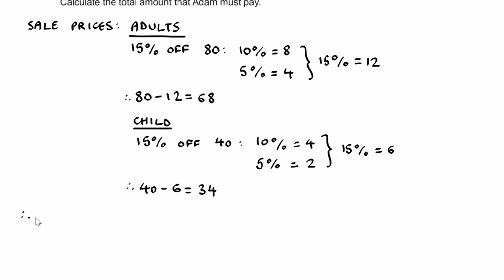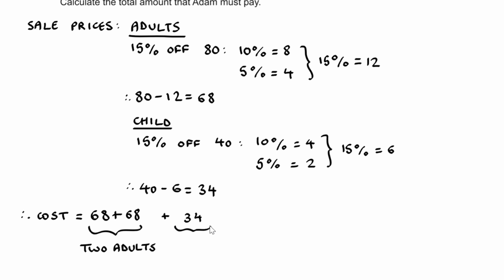So therefore, for the cost, we've got 68 plus 68, so these are for the 2 adults, and then we have the 34, which is the 1 child, and therefore adding these together, 68 plus 68 plus 34, that's 170.